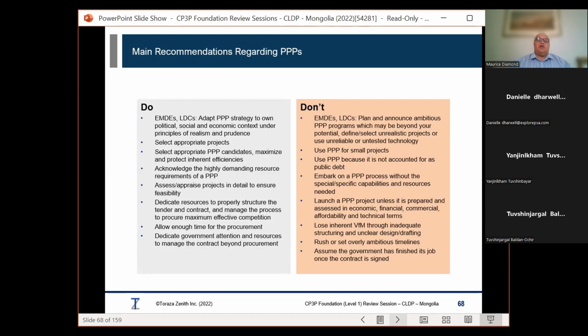Right, now we've got some recommendations regarding PPPs. Can I just say, obviously, this revision is to help support you to pass the exam. I have no idea what the questions might be in your exam, but there are areas which come up quite frequently, and the areas that we're focusing on in this revision are those that come up most frequently.